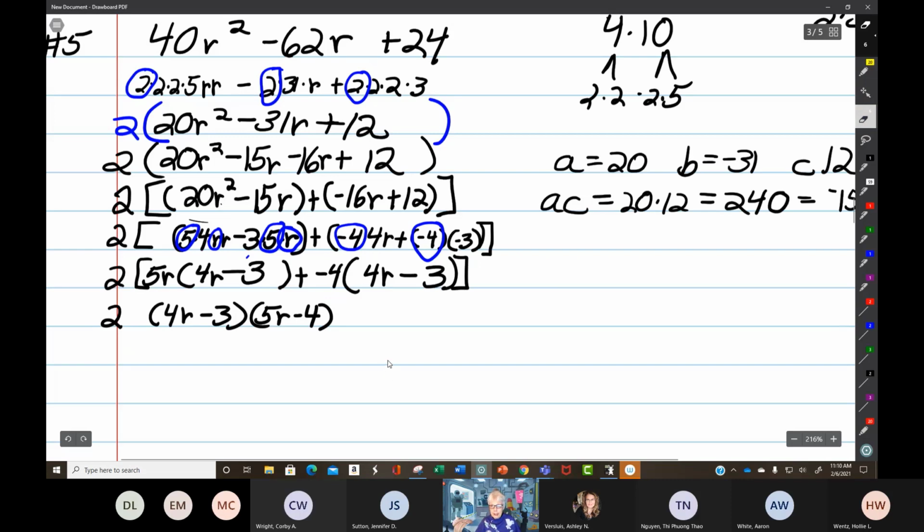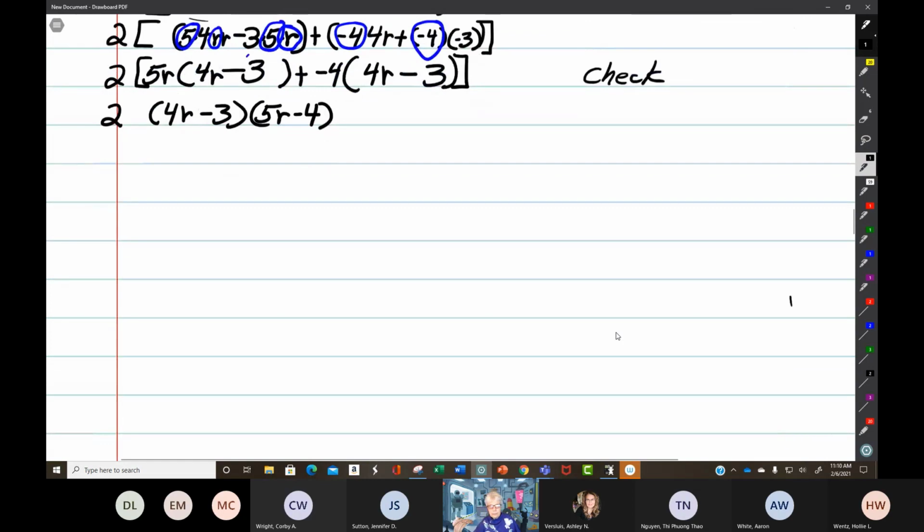So let's go ahead and check. I'm basically going to go backwards. I've got a 2, but what I want to do first is multiply 4R minus 3 times 5R minus 4.